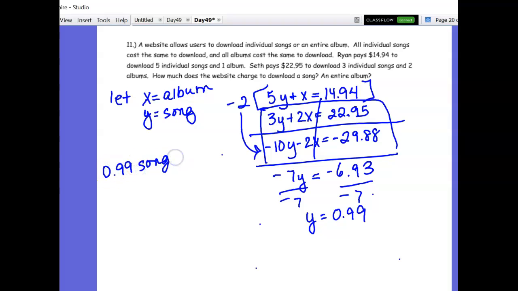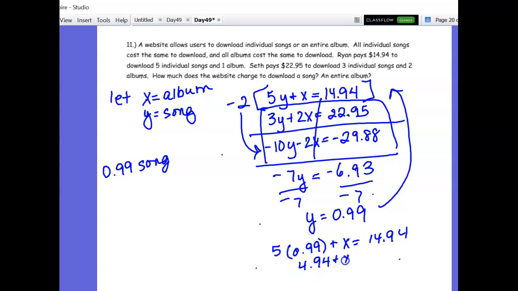And to get the album, we can just plug it back in here. 5 times 99 cents plus our x is going to be equal to $14.94. So then this would be $4.95 plus x is equal to $14.94. All right, and when we subtract it out, we're going to get x is equal to $9.99.